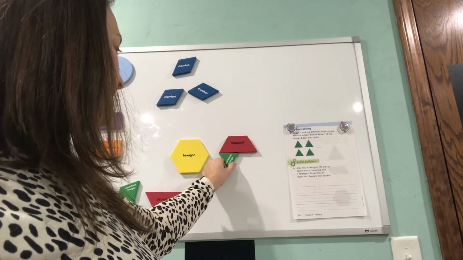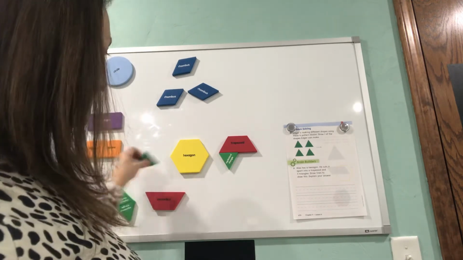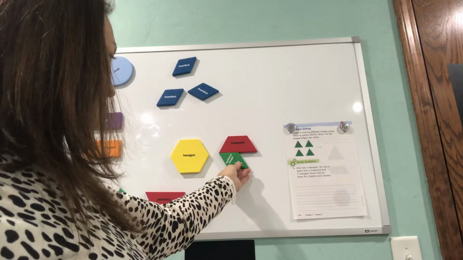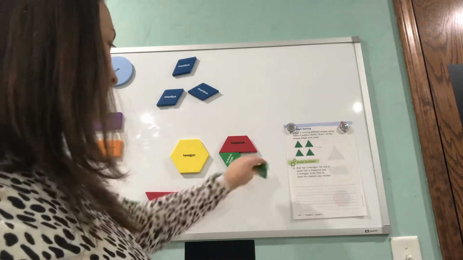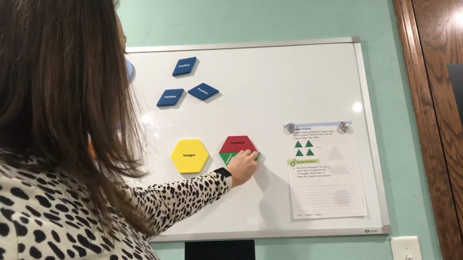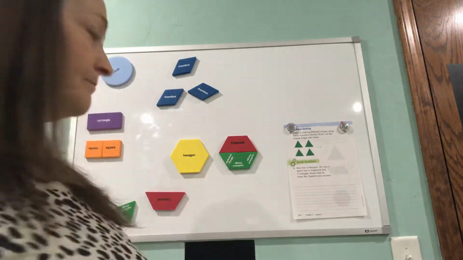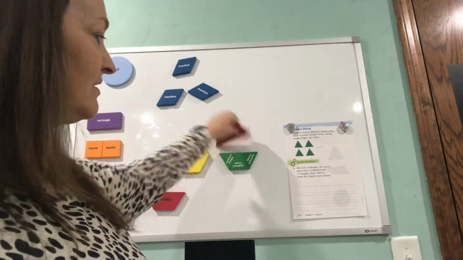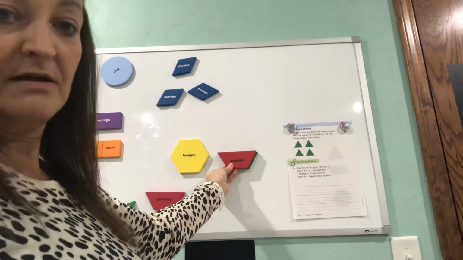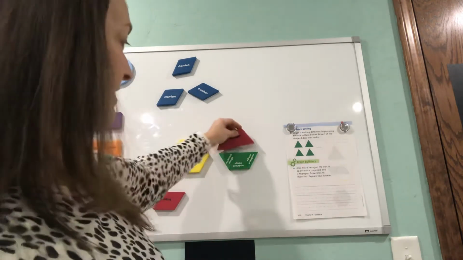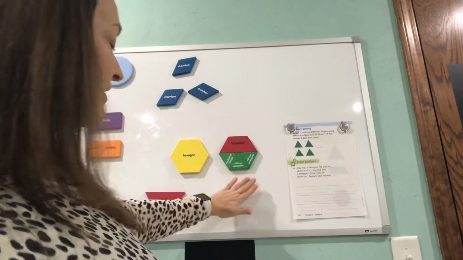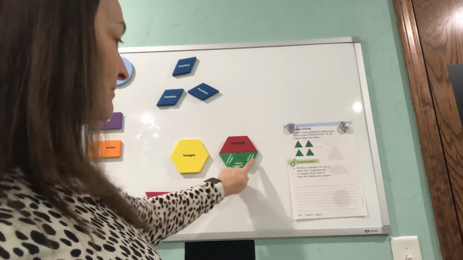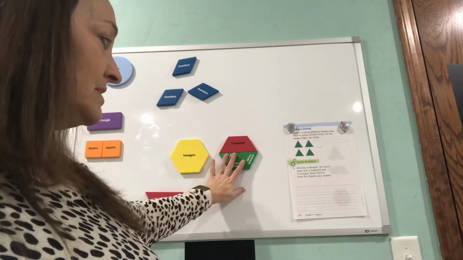So let's see. Can I do this? So look, if I just take this off and lay it right here, my 3 triangles make that other trapezoid, my other half. So I'm going to have a trapezoid and my 3 triangles, and this is what it's going to look like.